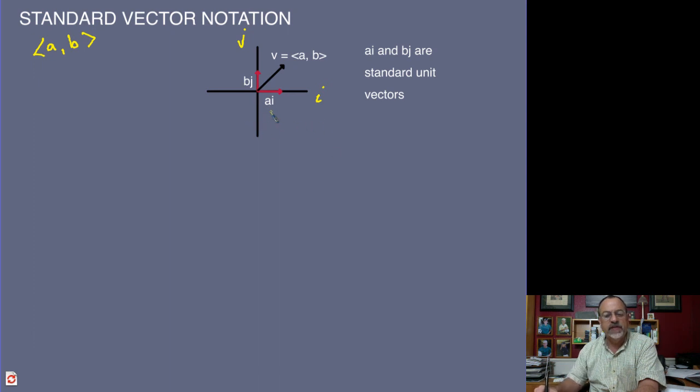To represent the vector, we put a value in front of I for the horizontal component and a value in front of J for the vertical component. So if I had the vector 3, 4, and I wanted to put it in standard vector notation, I would simply do 3i plus 4j. That's 3 to the right and 4 up. So this would be standard vector notation.